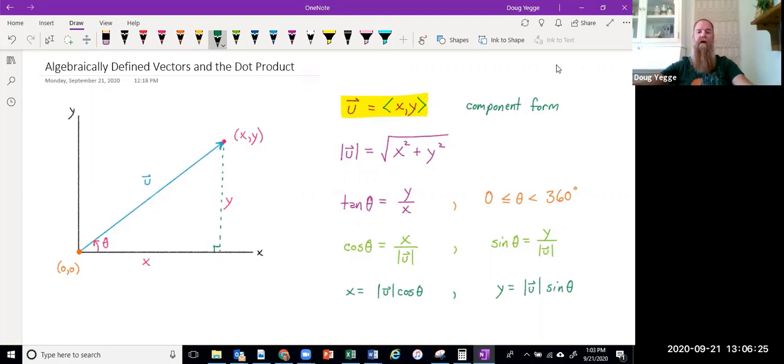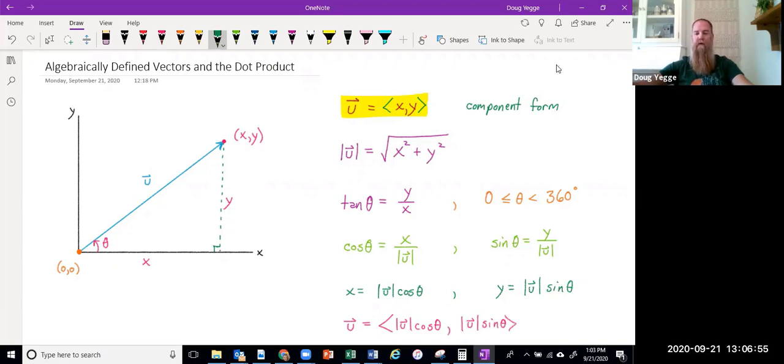So now, other than component form, which uses the x and y coordinate to give the vector, now we can look at it differently. We could also see that vector u is equal to the x coordinate, which is the magnitude of u times cosine theta, and the y coordinate, which is now the magnitude of u sine theta.